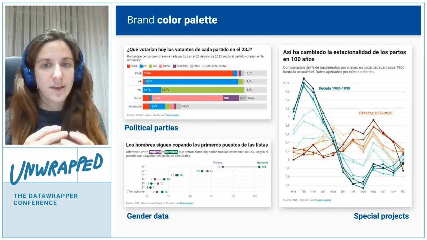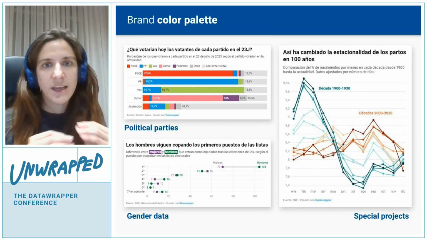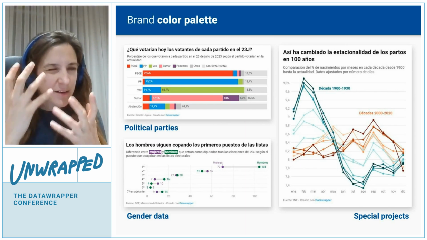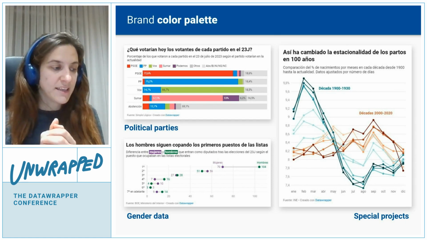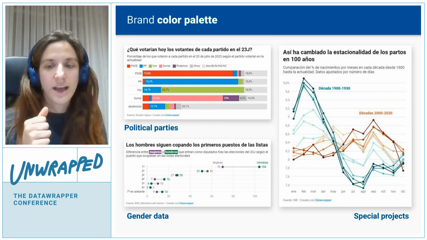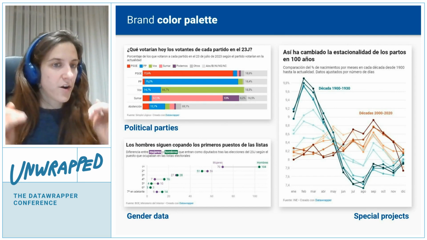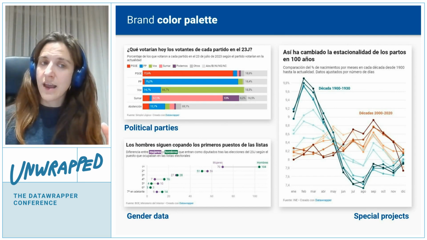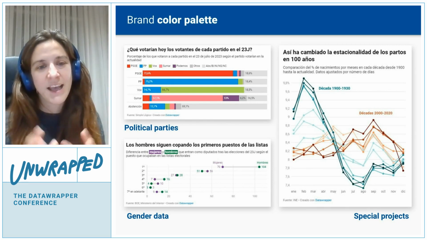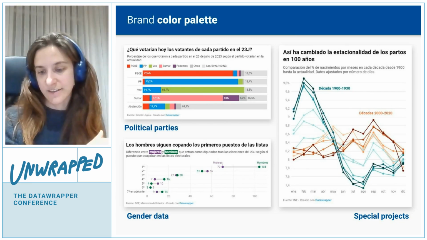So even though all of them are elDiario's colors, here in Spain, if someone sees the chart standing alone without the article, maybe it can remind them that it's an elDiario chart because it's using these same colors all the time. And these decisions, again, save a lot of time. We've taken time to prepare them, to think about the chart style, to think about the color palette. And now, with these decisions, we can work faster.